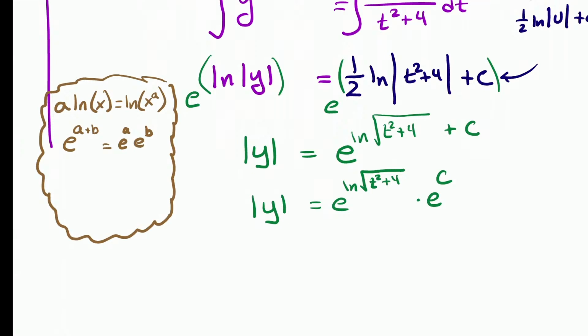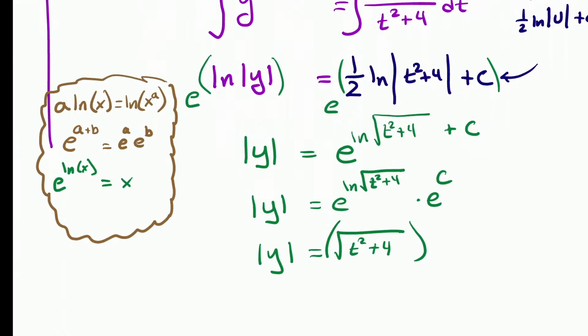And then the third rule that I'm using, at least in this problem, is one that we've already used, and that is if you have e to the natural log of x, those are inverse functions, you just get x. So e to the natural log of absolute value of y is absolute value of y, and e to the natural log of the square root of t squared plus 4 is the square root of t squared plus 4.